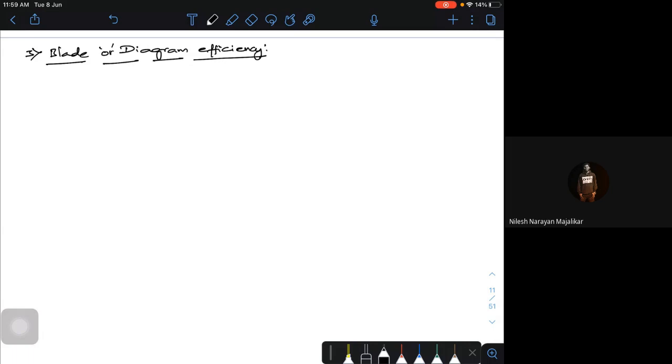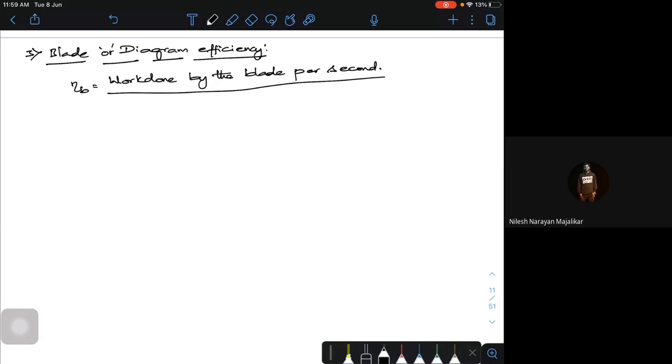Let me write it. The blade efficiency is the ratio of work done by the blade per second to the energy supplied to the blade per second.